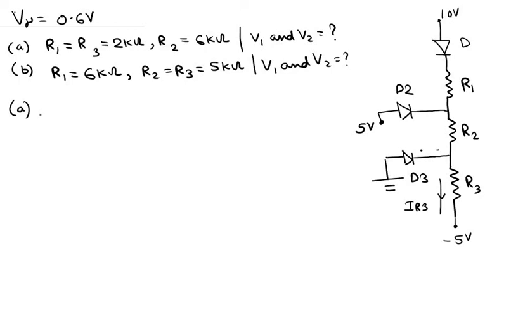So here we first assume that D2 and D3 are reverse biased, because if D2 and D3 are reverse biased, this makes the circuit easiest to solve actually. If D2 and D3 are reverse biased, no current flows through them, so the current directly flows in this path, and whatever current flows through the diode D also flows through R1, R2 and R3. Okay, so that is why we are assuming the simplest condition.